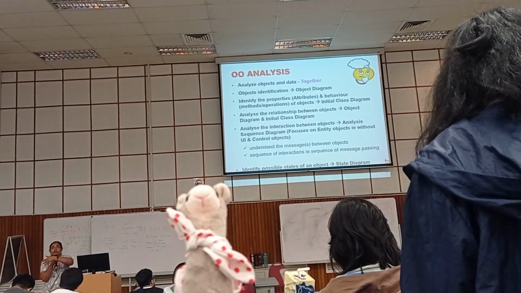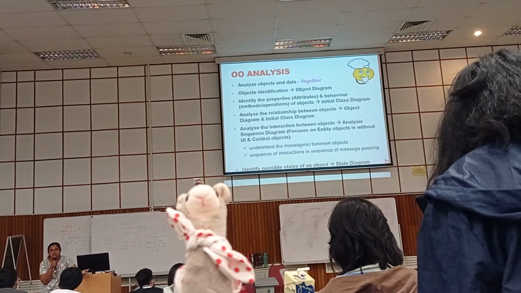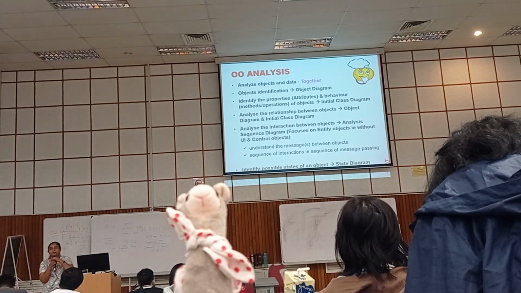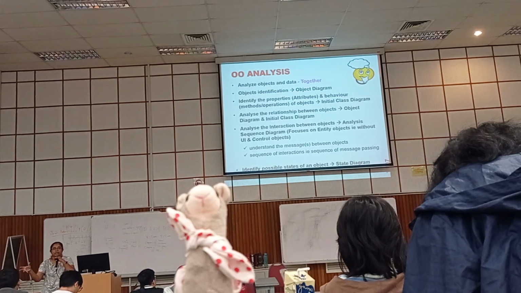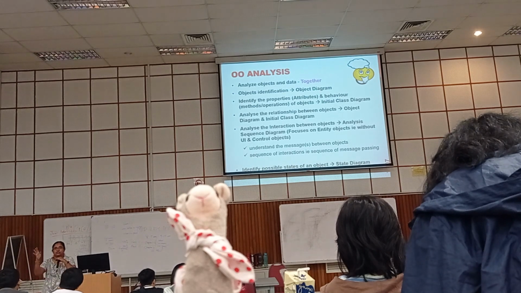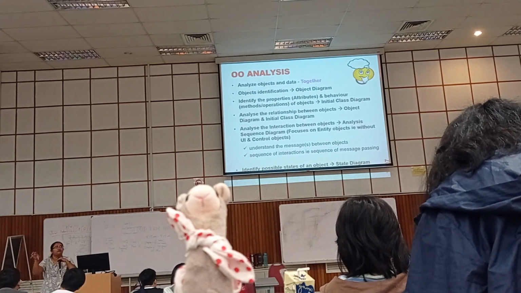You need to know what the objects in my system are and what data is involved. So the first step is identifying the objects. For example, intranet is to be used by students and lecturers. So the first objects already mentioned just now are students, lecturers, attendance, exam. You identify each and every object.